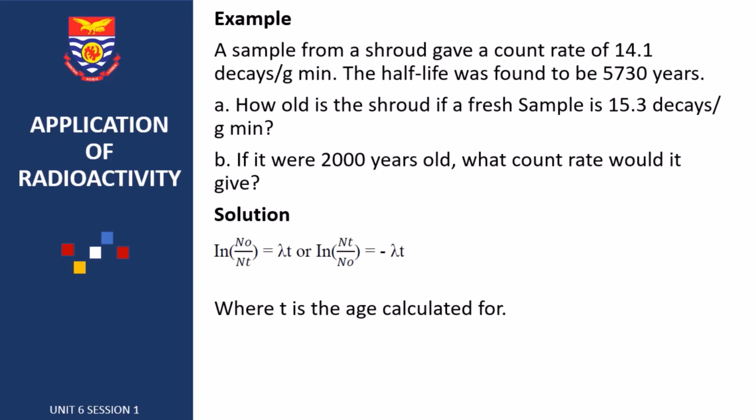So we quote the formula ln(N naught over Nt) equals lambda t, or ln(Nt over N naught) equals negative lambda t, where the two equations are equal and t is the age we are calculating.